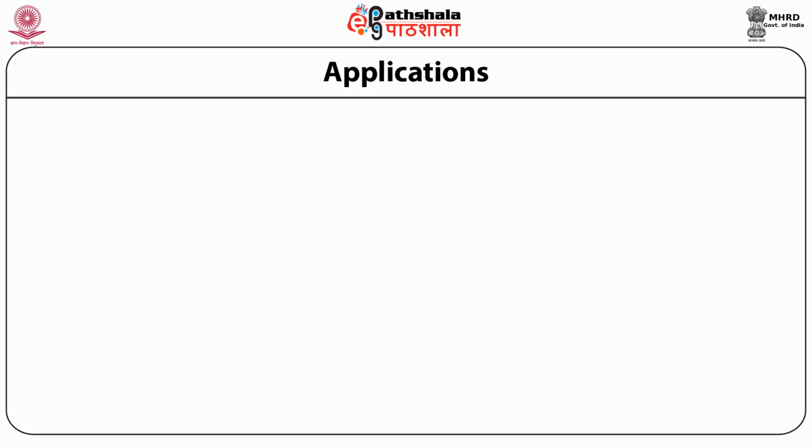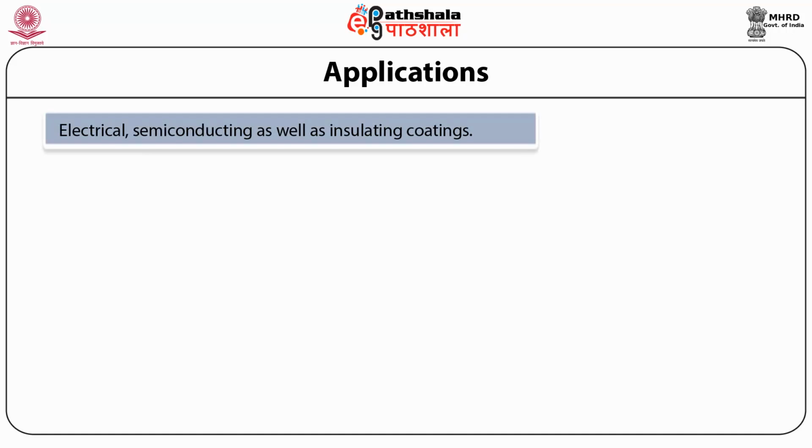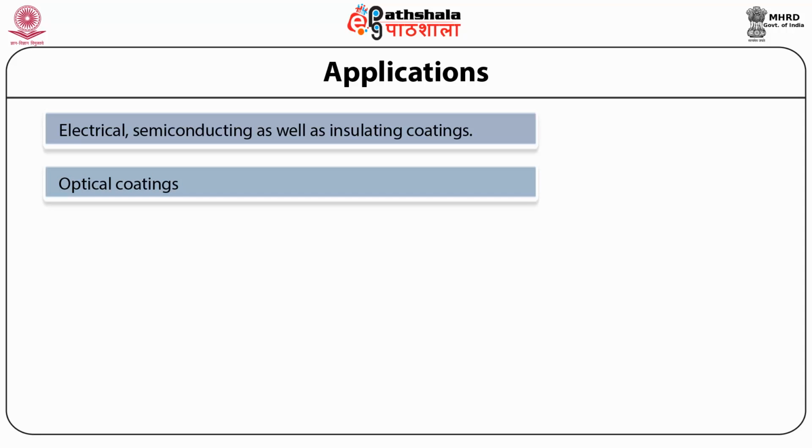Let us now discuss the applications of vacuum deposition techniques. Vacuum deposition techniques find a diverse range of applications such as electrical, semiconducting, as well as insulating coatings. Then they are very useful in optical coatings.